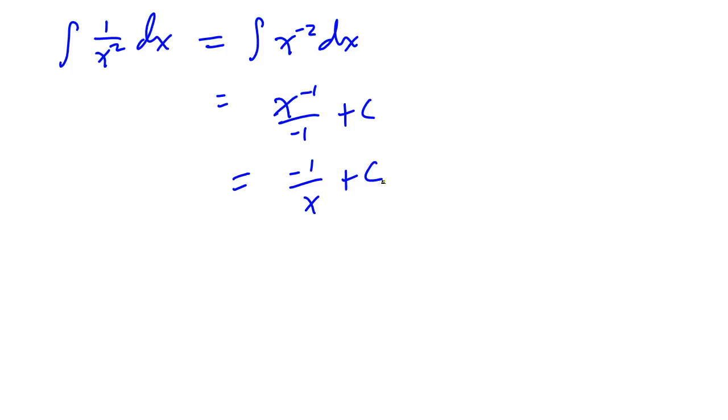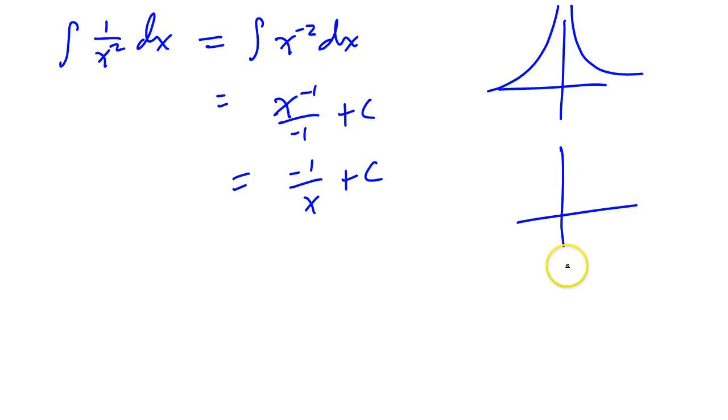There's an unstated assumption here that I'm going to state, in that this function is not a continuous function to start with. 1 over x squared looks like this. There's an asymptote at x equals 0. And when you take this antiderivative, you get minus 1 over x, which looks like this, or any shifting of it. You can take that and shift it up or down.